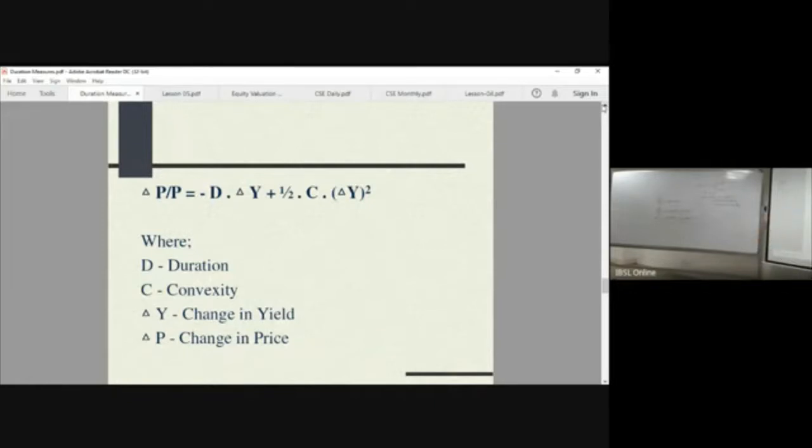That also can be done. Convexity was 7.57, no?